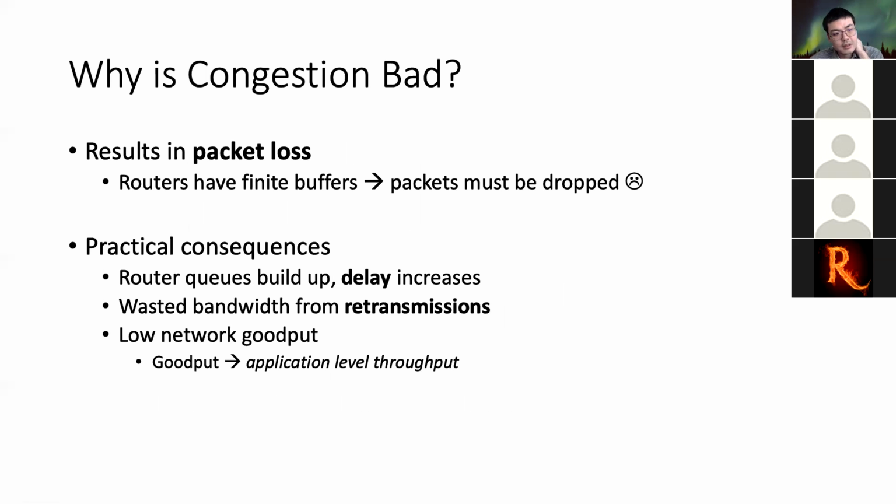And why is congestion bad? This is actually a vicious circle. If you have congestion, the router cannot forward your packets so fast, because there are too many streams coming in. Routers have a finite buffer size, so packets have to be dropped if you go beyond it.